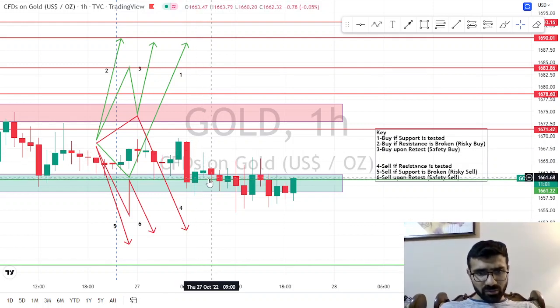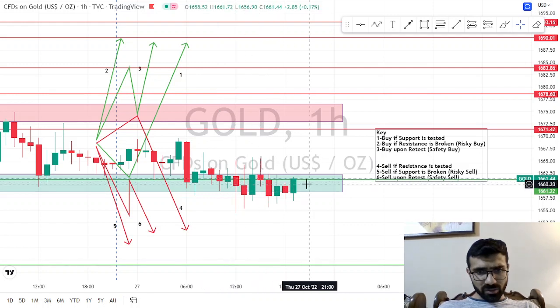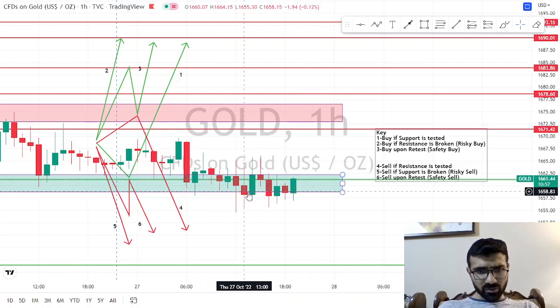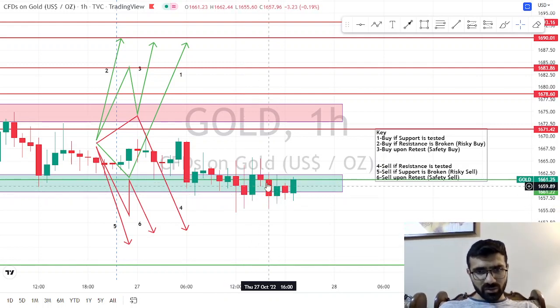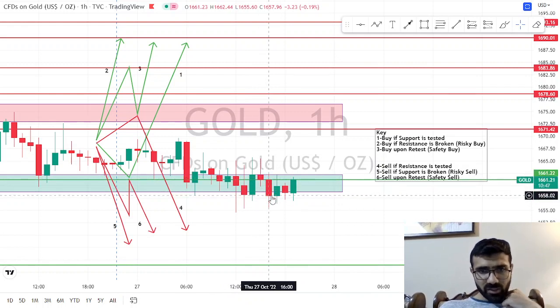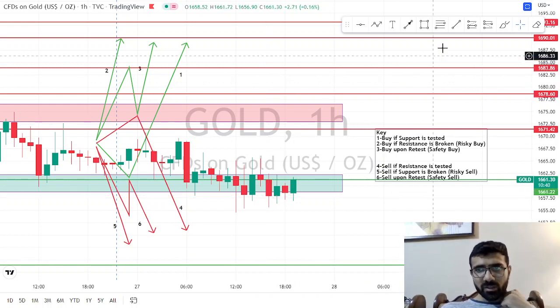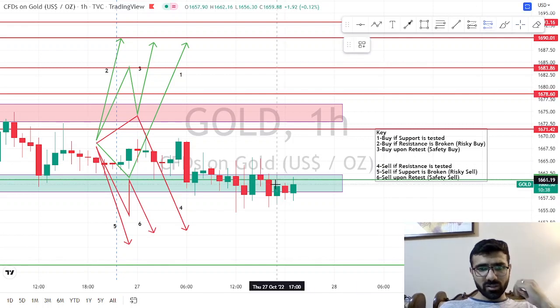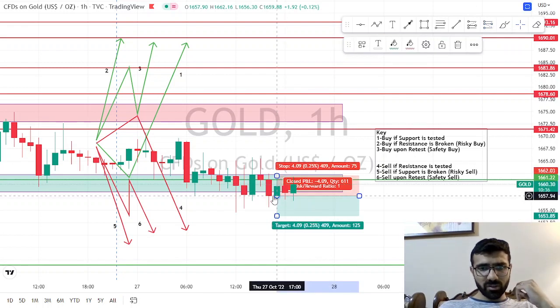Afterwards, the market mostly remained sideways, or we would have hit a stop loss if we had sold from here upon a risky selling entry. And even after the retest, we would still be running our trade from here, and our trade would not yet even have broken even. So let me just take that sample trade.